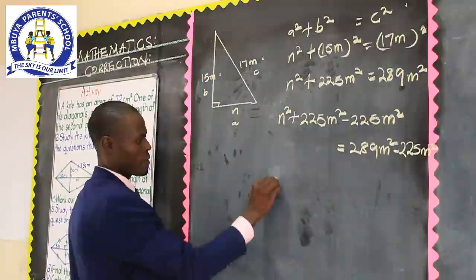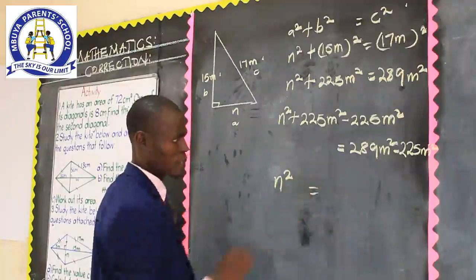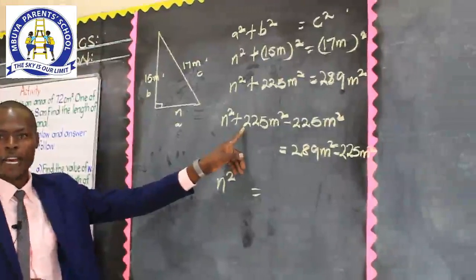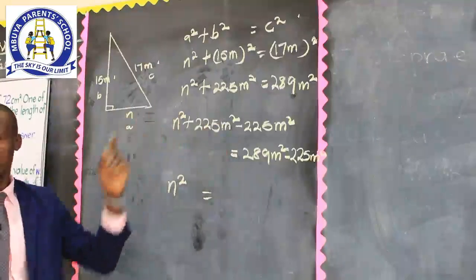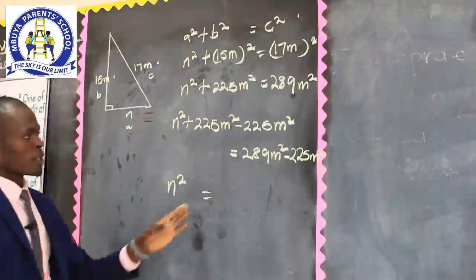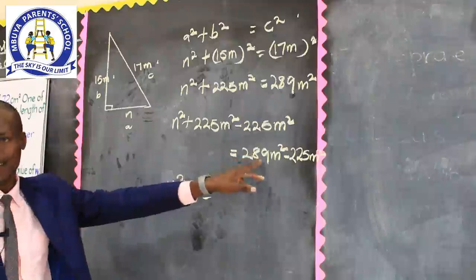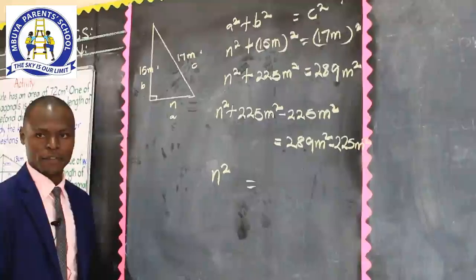Continue. We shall remain with n squared, and 225 meters squared minus 225 meters squared shall give us a 0. So 289 minus 225, class.